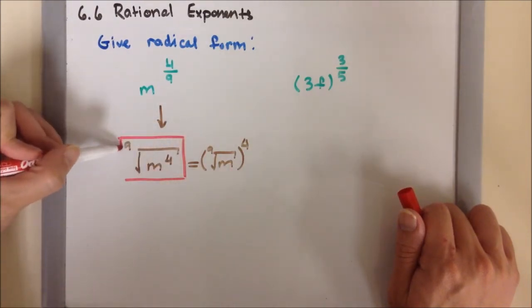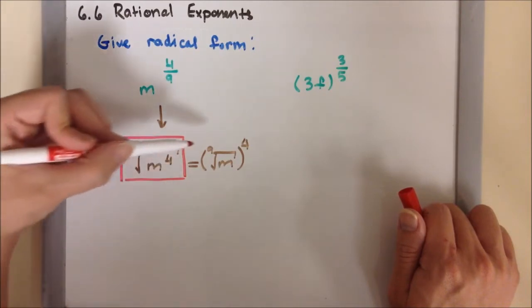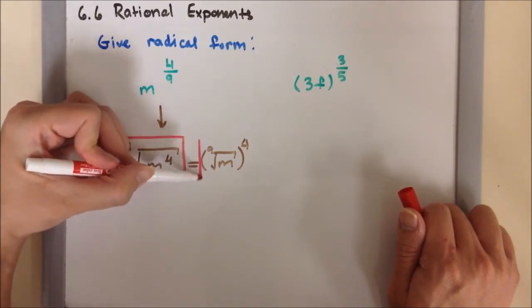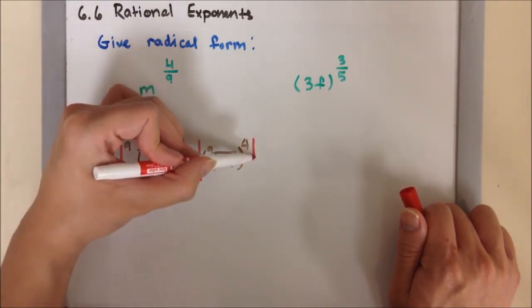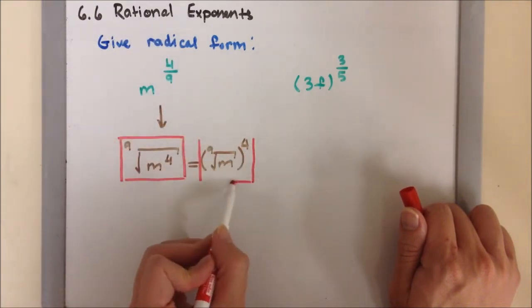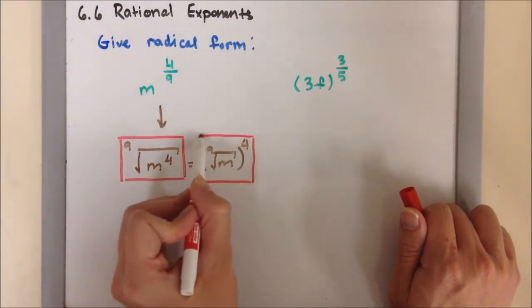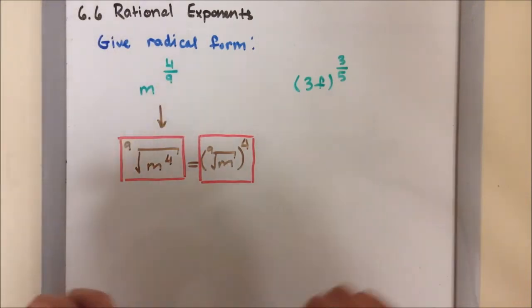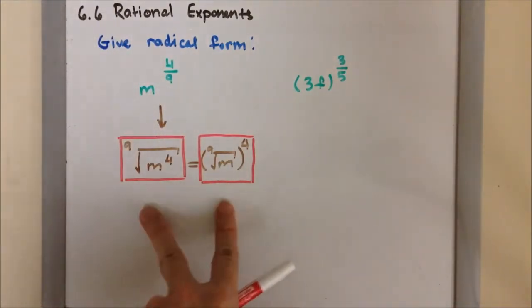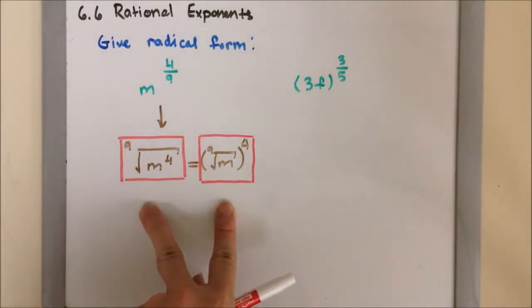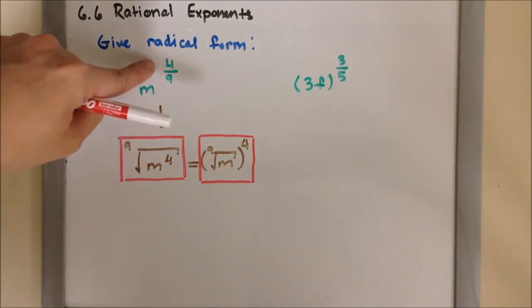So again, the form on the left is usually used most of the time, but it's okay if you use the form on the right that I'm boxing right now. This is our answer in radical form for m to the power of 4 over 9.